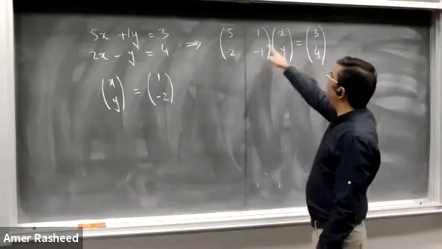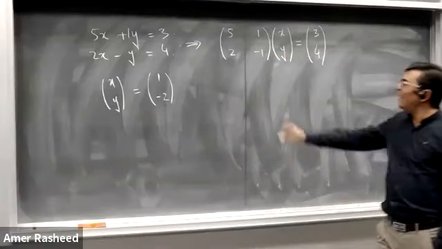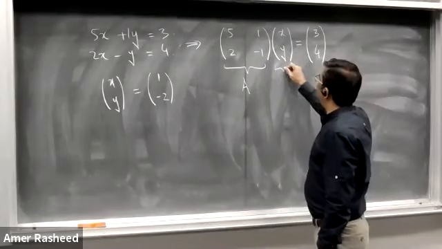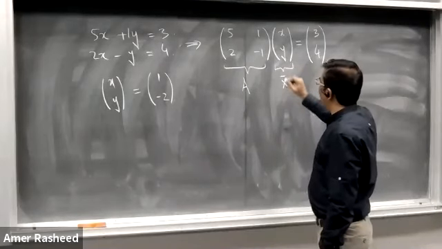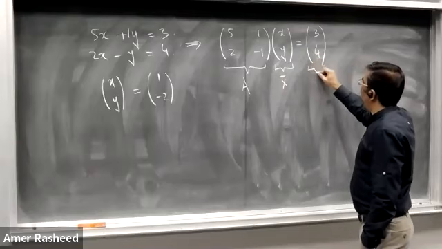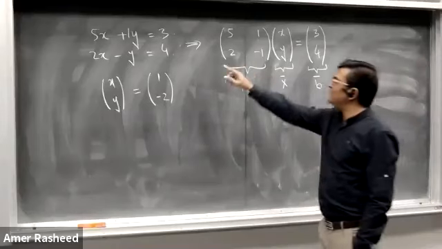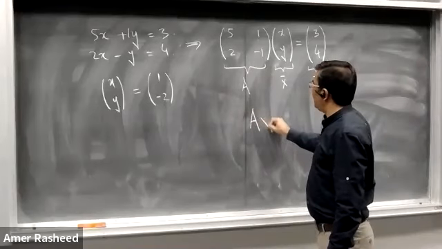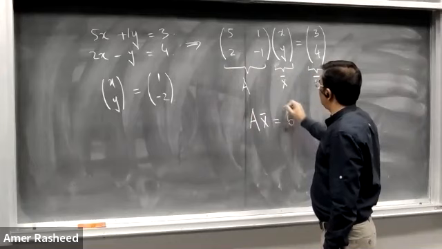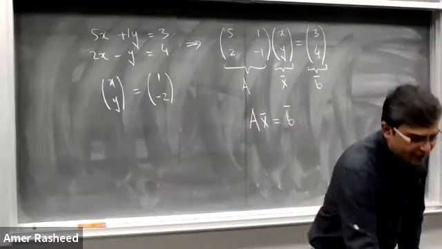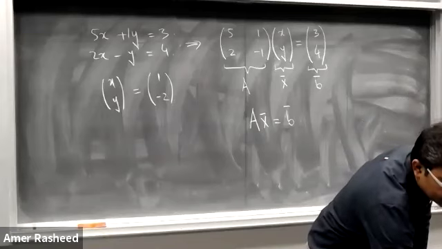Okay, that's great. So this linear system can be written in the form of this matrix now. If we call this matrix A, this vector X, and this vector B, then this linear system can be written as A times X is equal to B. I hope you know the different notations for vectors and matrices.